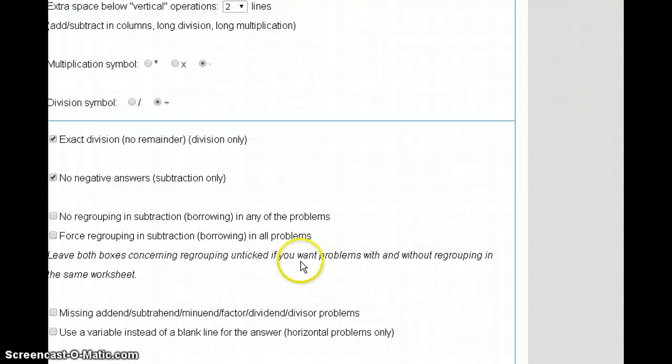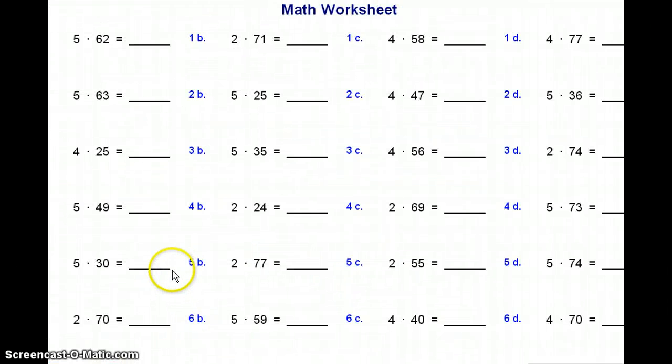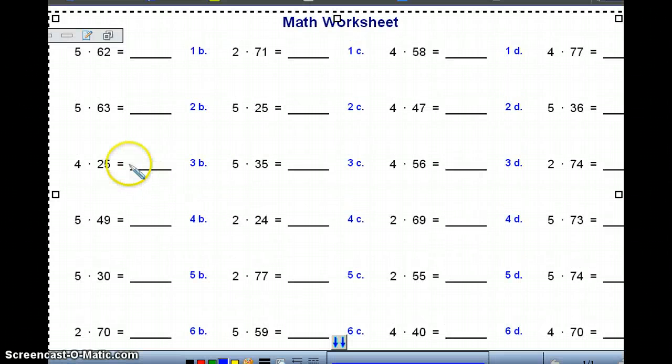So then I can go ahead and make this a worksheet, and it pops up here, and we see things like 5 times 62, 2 times 71, and I opened up a tool to let me draw on these so you could see how I would be working through these. I'm going to start with this 5s fact.